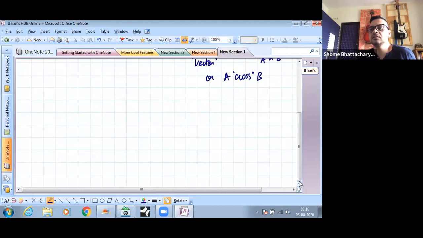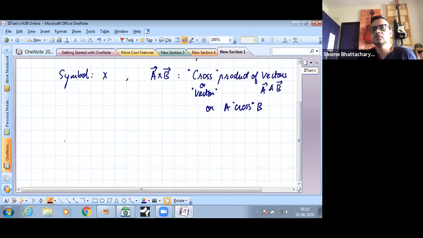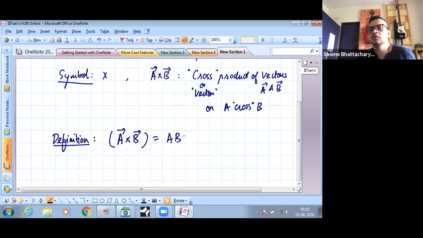Now let us understand the definition of the operation. The definition of the operation is given by the relationship A cross B equals AB sine theta into a unit vector n cap, where I'll explain each of the terms, especially n cap.